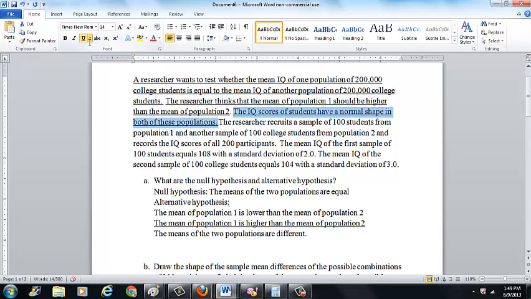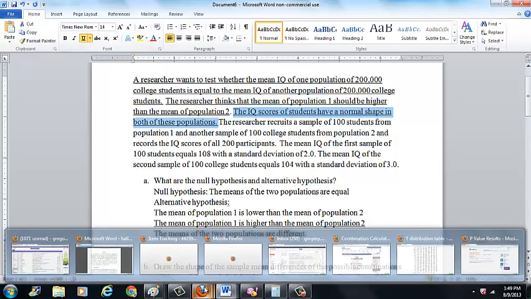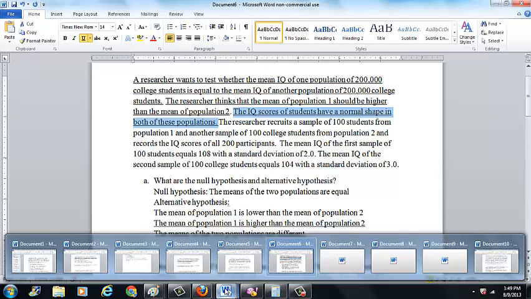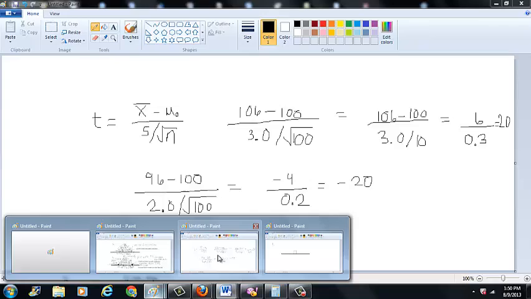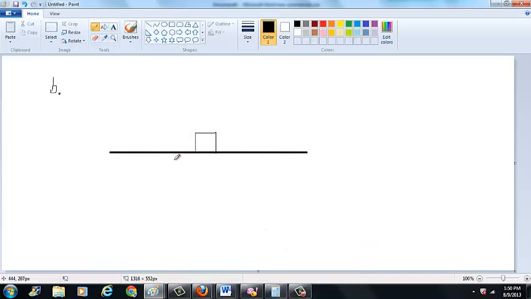What that's telling us is that this curve in part B will have a normal shape. This is a curve of sample mean differences.